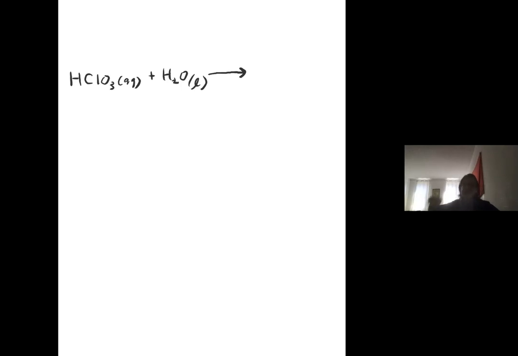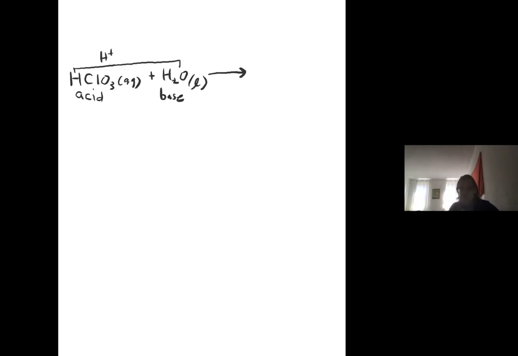But here's one aspect of water that's amazing. It can act like an acid under some conditions, and it can act as a base under other conditions. So right here, the water is acting as a base. So here's what happens. You look at the formula and you say, hey, I recognize that as an acid. HClO3 is an acid. That means the water is going to act as a base. Okay. So the acid transfers an H plus to the base.